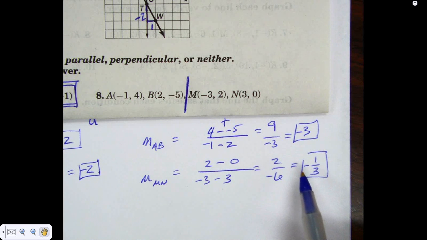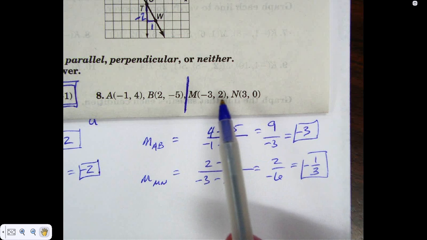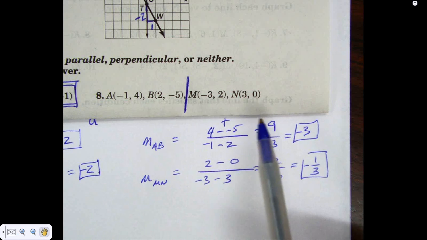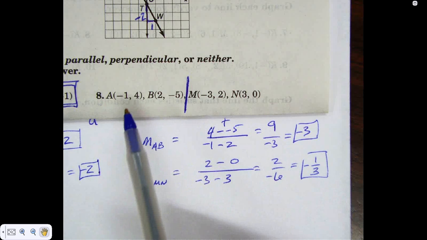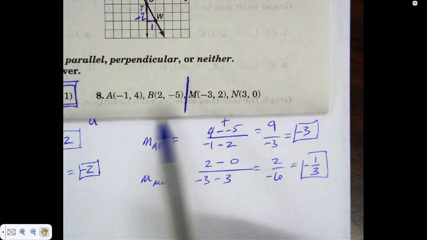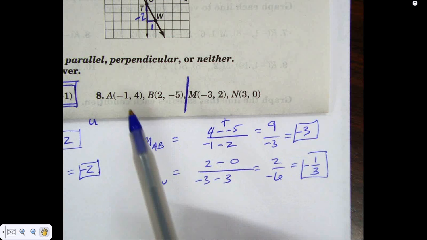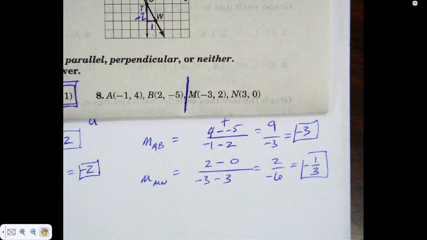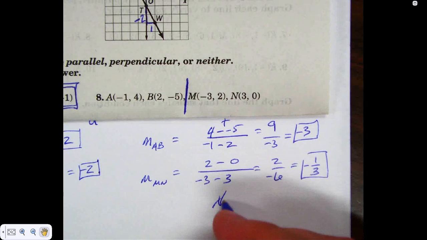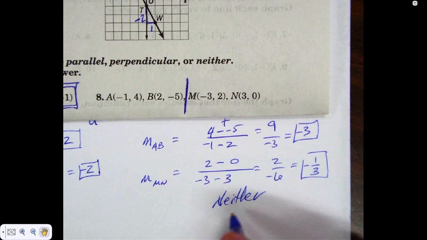Positive 1/3. Okay? And this is when you look and say, okay, did I do that right? 2 minus, yes. 3 minus, that's right. 4 minus -5, yes. -1 minus -1 minus 2, that's right. Okay? So this one is neither.